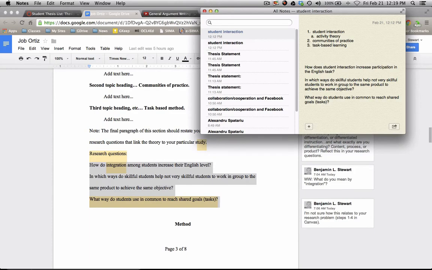Exactly. I get it. And so if these teachers are always doing task-based learning, well, that's a problem. So how about if they start a week without task-based, and I observe that week, and then the next week I go and they start again with the task-based? I don't know.